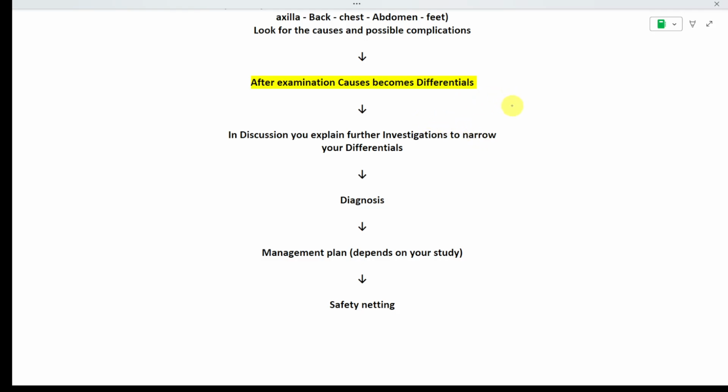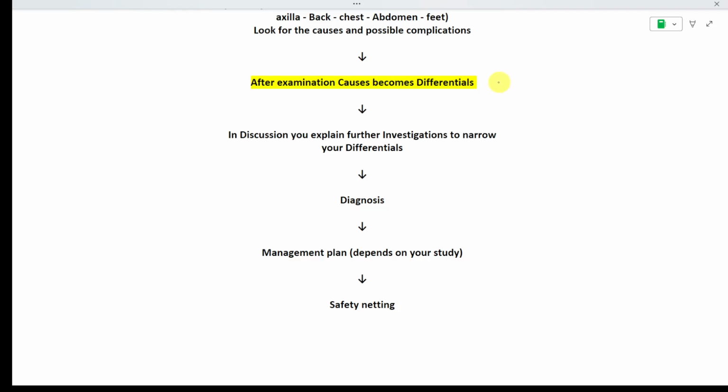In case you did not find any peripheral stigmata of liver disease, and you auscultated the chest, there were crepitations, and there was a murmur on cardiac auscultation, then you can say that this ascites is due to heart disease.